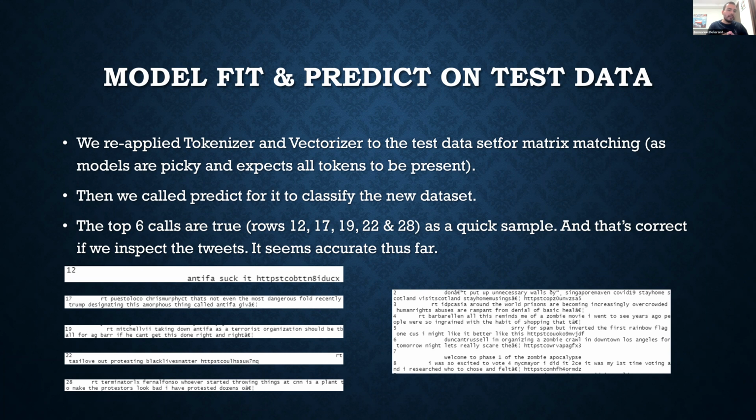After applying the model fit, we went ahead and reviewed what it called as a one. For example, the top 6 calls were for rows 12, 17, 19, 22, and 28. As a quick sample, we took them and inspected the tweets, and it seems accurate.